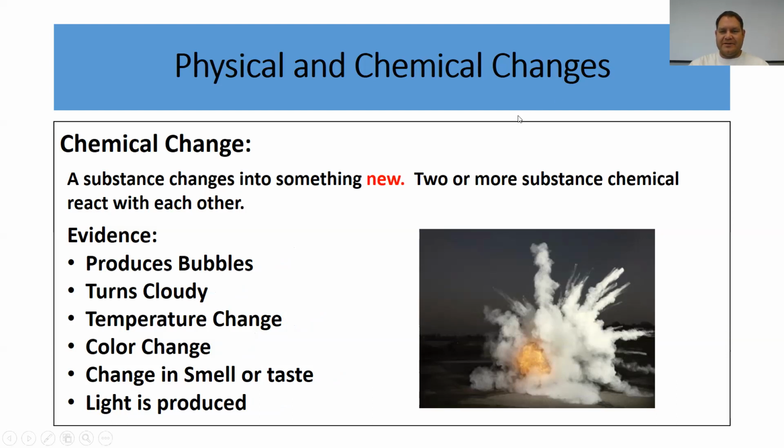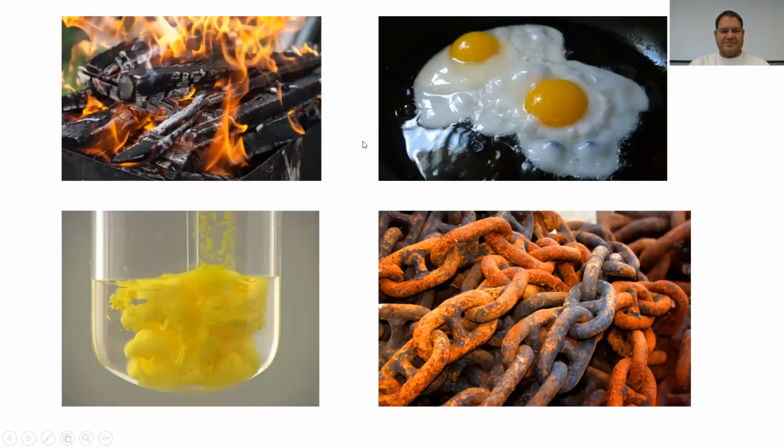Here are some examples of chemical changes, like wood burning. When wood burns, it creates new materials. It's no longer wood. Cooking food usually changes its chemical structure. That's why it looks different, because we're creating something new out of its chemical structure.